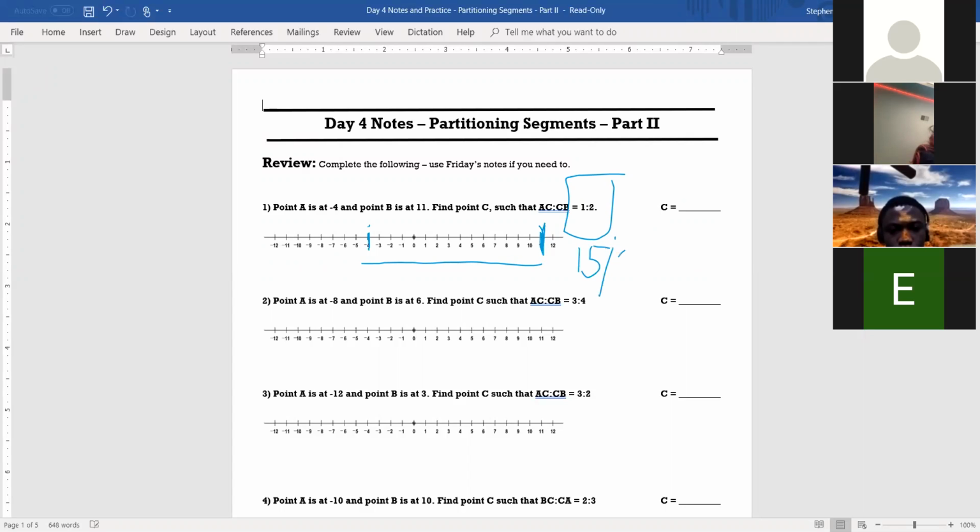We would divide that by 3 because that's the ratio of number of moves, and that will give us every 5 clicks there'll be a partition point, right? So if I took 5 and added it to -4, what will I get? A 1, right? So there's my first partition point.